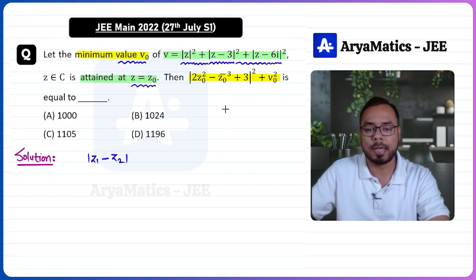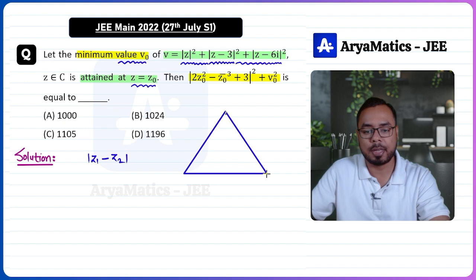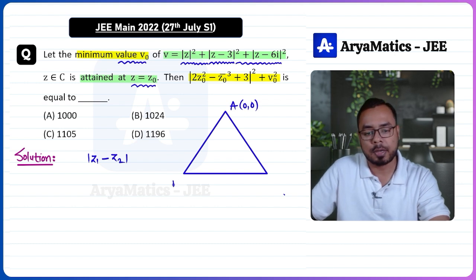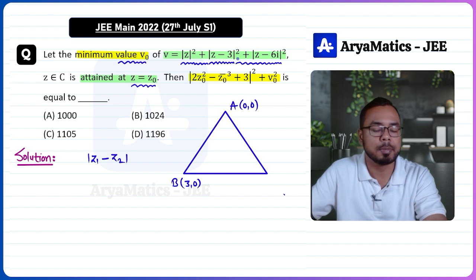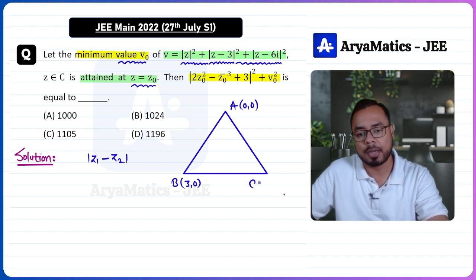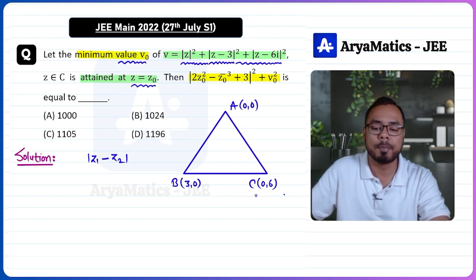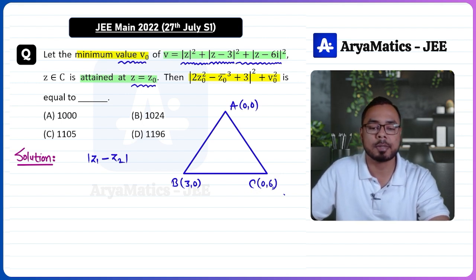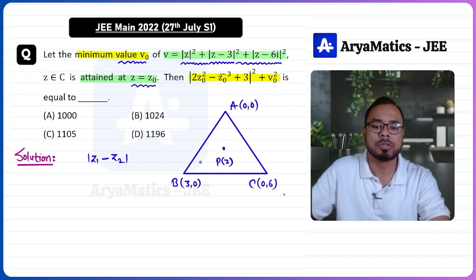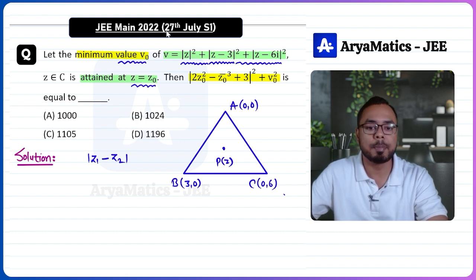So basically, if I take these 3 points, let there be one point A representing the origin, another point B, which is (3, 0), for the second term |z − 3|², and another point C representing the complex number 6i, so the point will be (0, 6). Now let P be a point representing the complex number z. So |z| is nothing but the length PA.